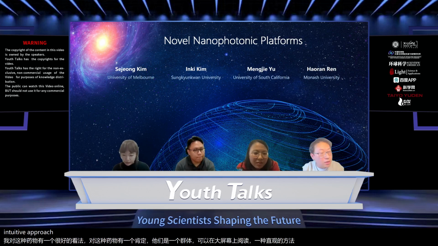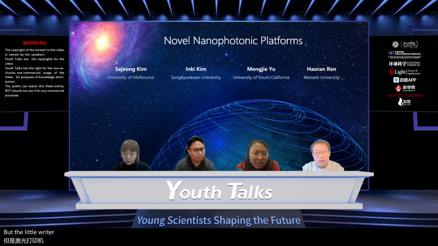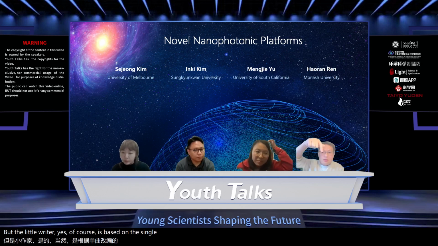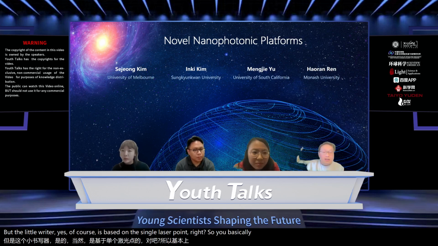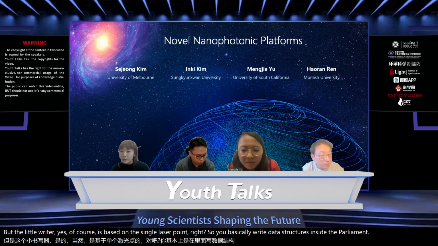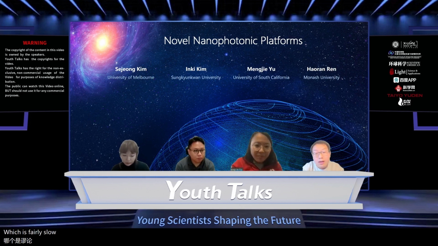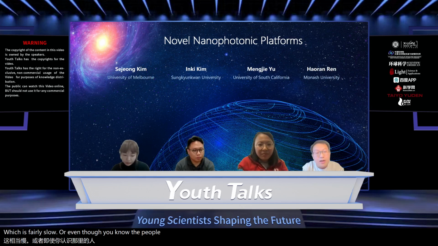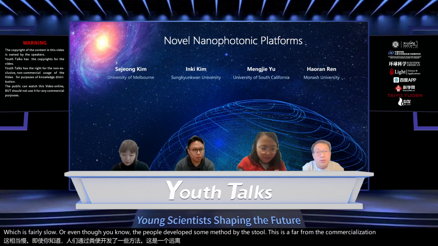But the laser writer is based on a single laser point, so you basically write these structures inside the polymer, which is fairly slow. Even though people have developed some methods, this is still far from commercialization, at least from my perspective.